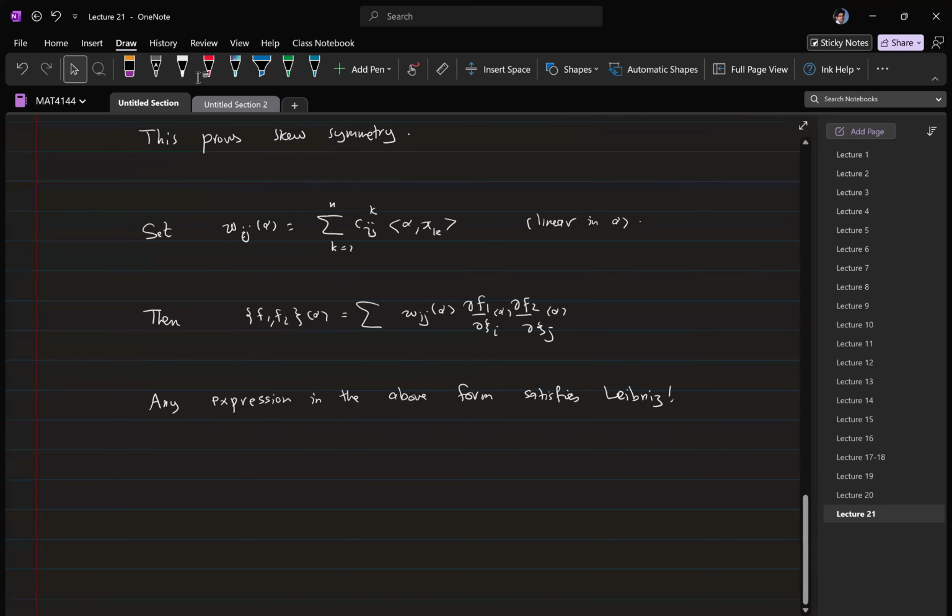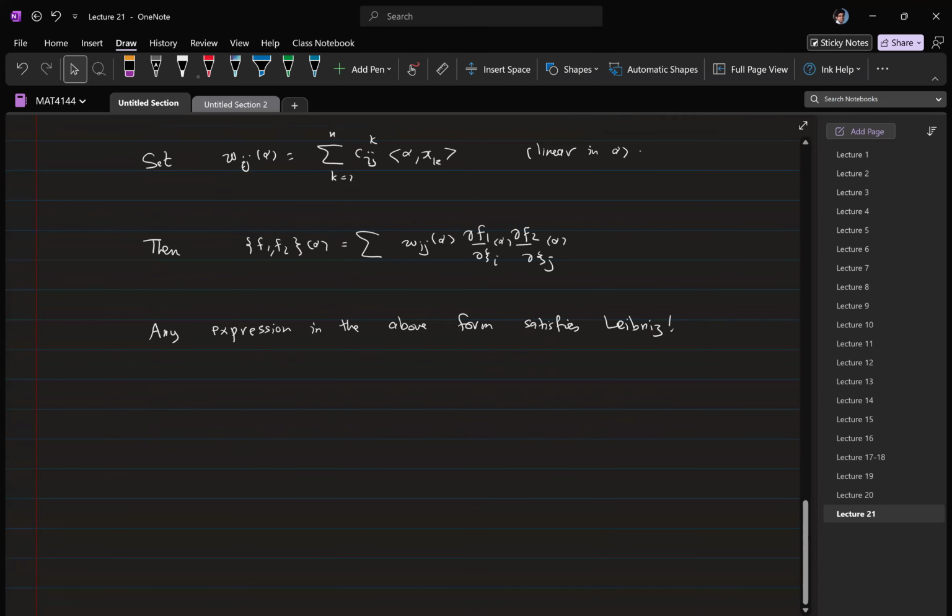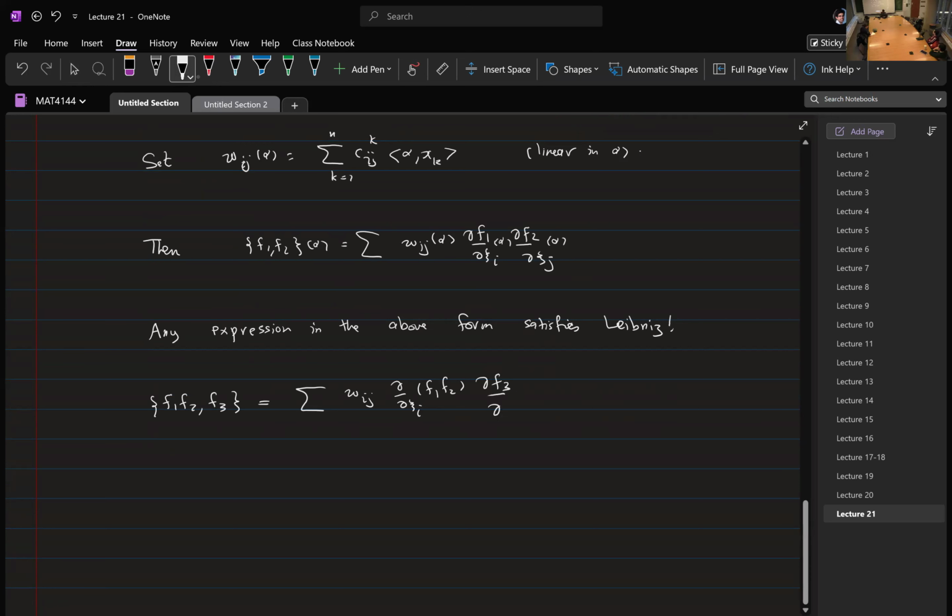So why is that so? Why is this true? Well, let's look at F1, F2, F3. Well, I have the sigma Wij, and then I should do d dxi F1, F2, d F3 dxj.